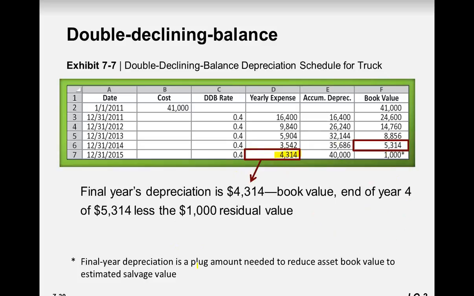The final year depreciation is a plug amount. Whatever it takes to reduce us to the book value of $1,000. In this case, it was more. Sometimes it's less.